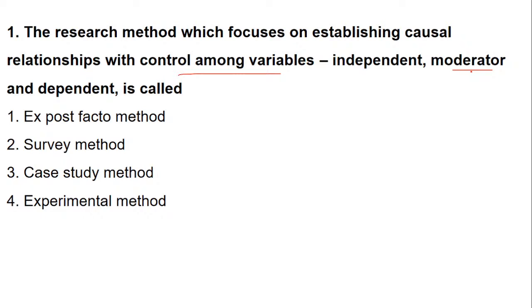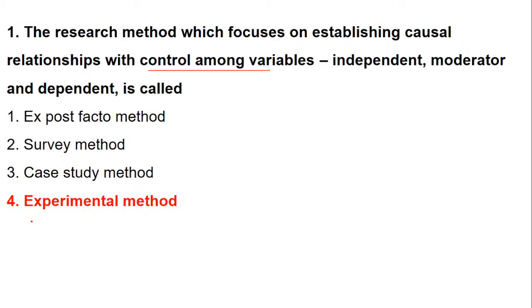Okay, so yes, the one which talks about establishing the relationship among the variables. They have just given you the variables with respect to independent, moderator and dependent. It's experimental research. Deepa, what happened to you today? See, we are talking about the variables.